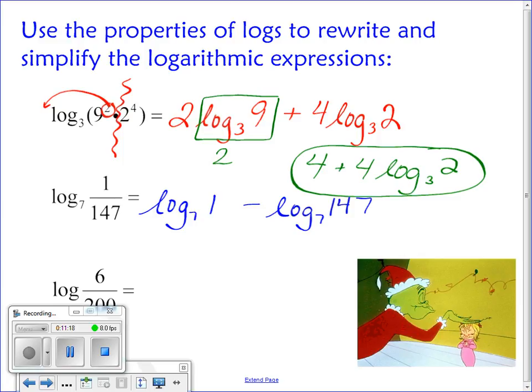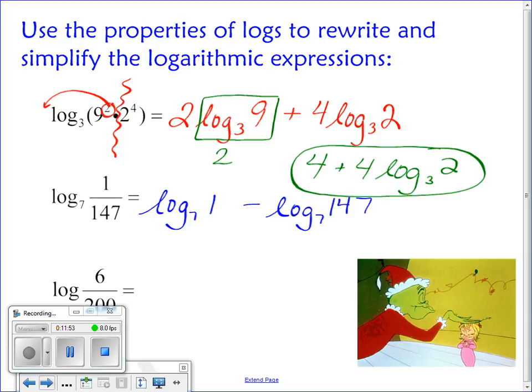Yeah, if you did the 147 before the 1, it's wrong. It has to go top down. The first one wouldn't have made a difference because it's adding. Yes. Yeah. Hold on. Let's make sure we're okay here. Question? Yes, but I don't know why you would ever want to do that. But yes, you could.